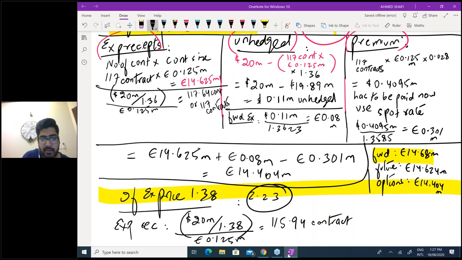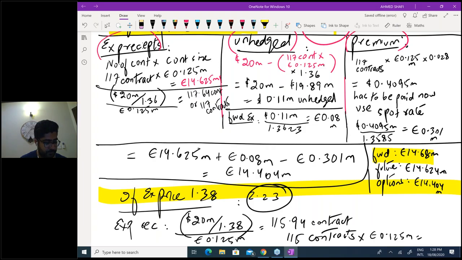So I will take 115 contracts, into contract size 0.125 million, which is 14.375 million euros.